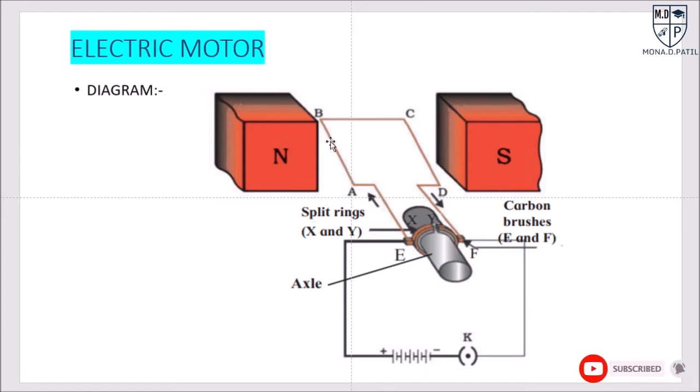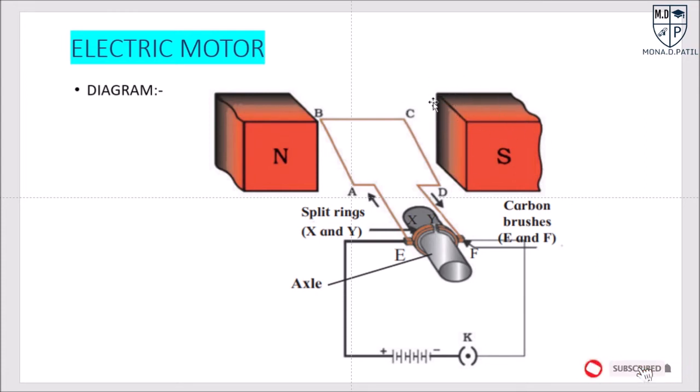The current in the CD branch is in the opposite direction to that in AB, and therefore the force exerted on the CD branch is in the opposite direction to that on AB. Therefore, a force is exerted on the branch CD in the upward direction. Thus, the loop and axle start rotating in the anti-clockwise direction.